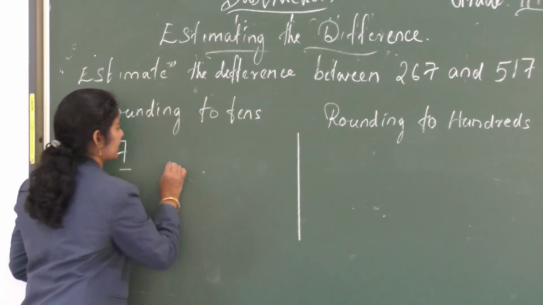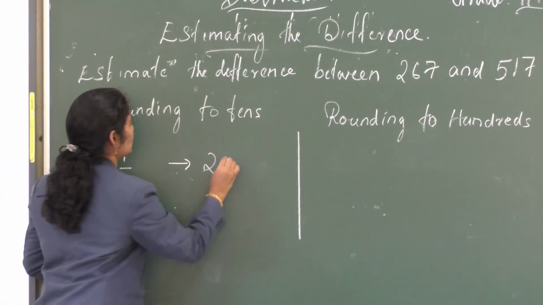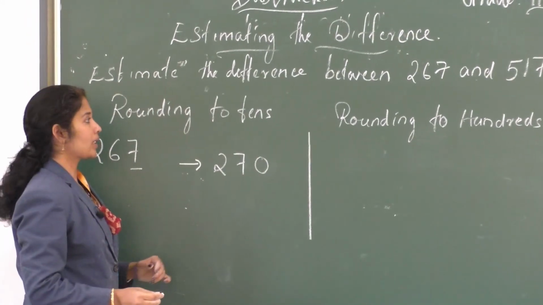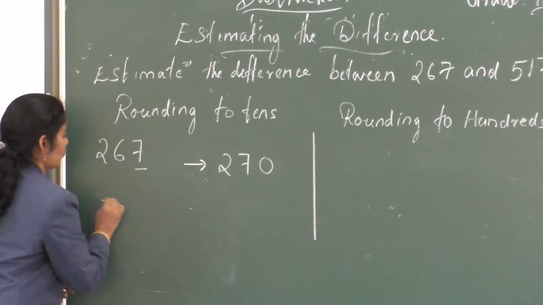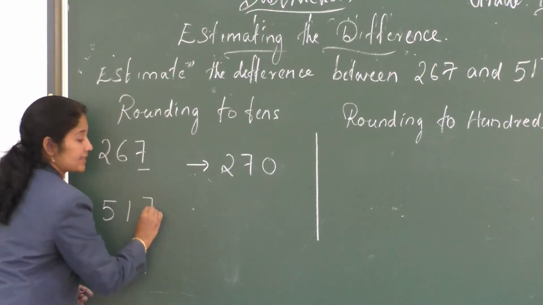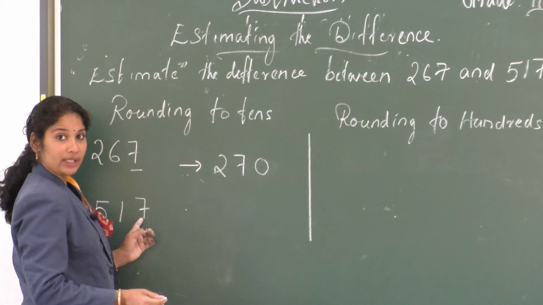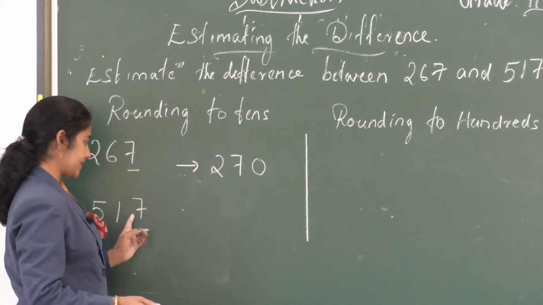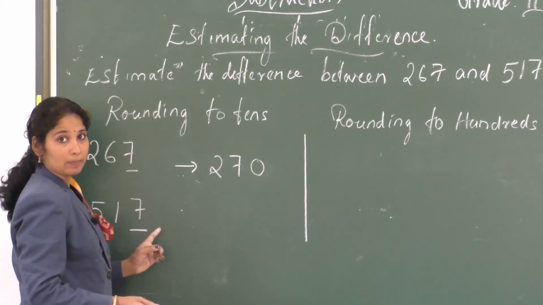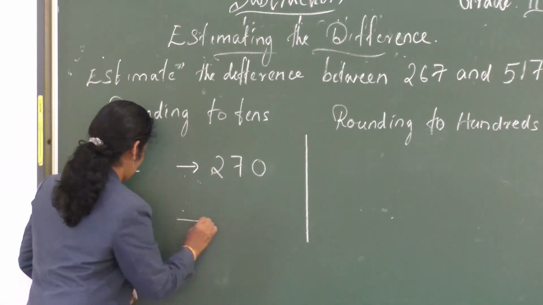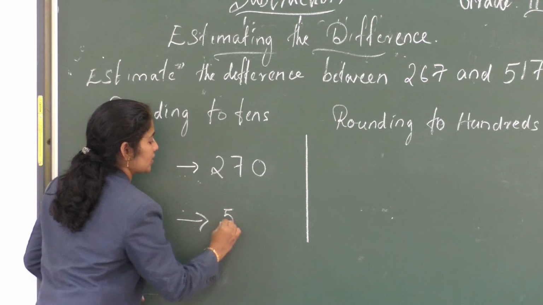What is it? 270. Next number 570. Is it greater than 5? Yes. It's greater than 5, so the number rounds up to the nearest tens, 520.